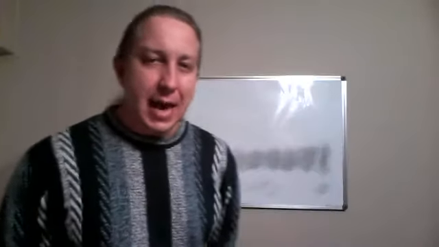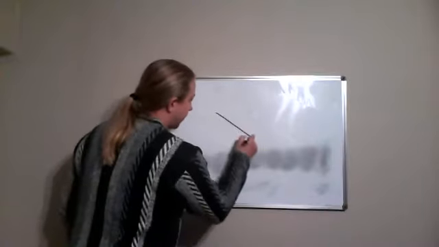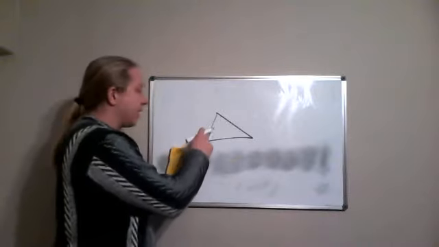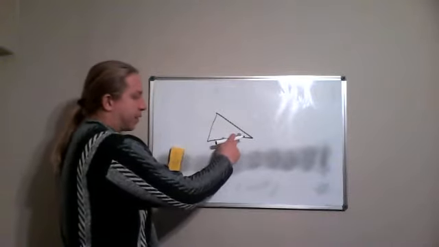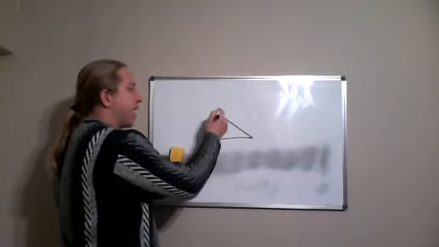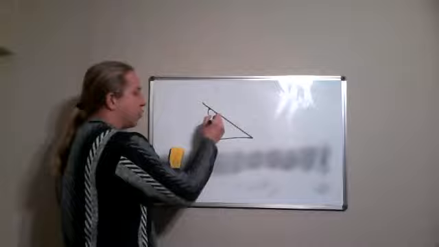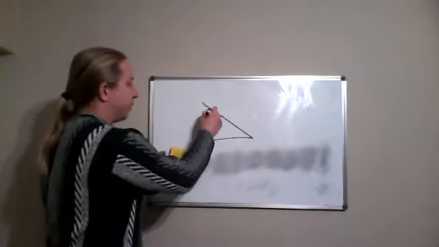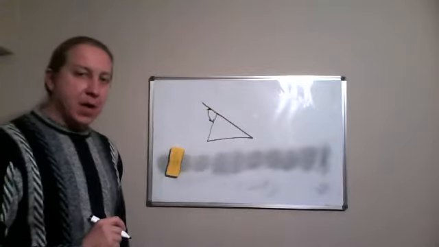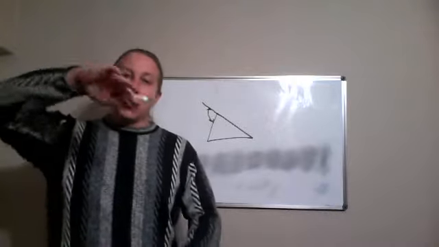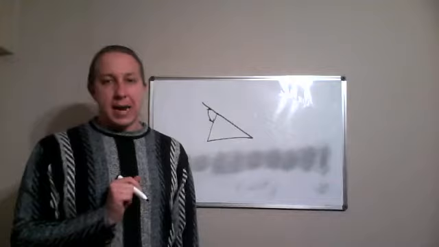Number 2, a triangle cannot have a reflex angle. Okay, so let's think about that. Here's my triangle. Remember, the interior angles are these angles here. An exterior angle is if we continue a particular line, and that would be the angle between the line and the triangle. There's the exterior. Can we have a reflex angle? A reflex angle has to be greater than 180 degrees.